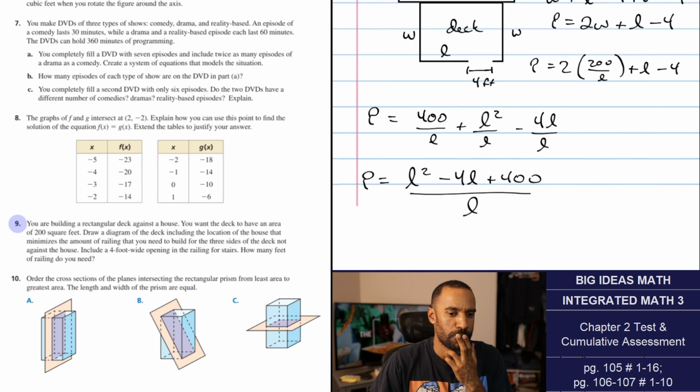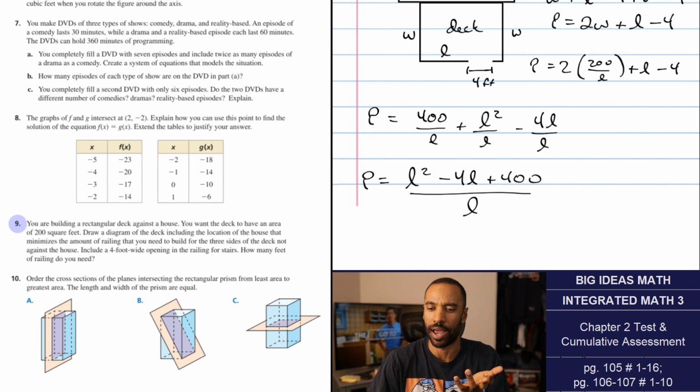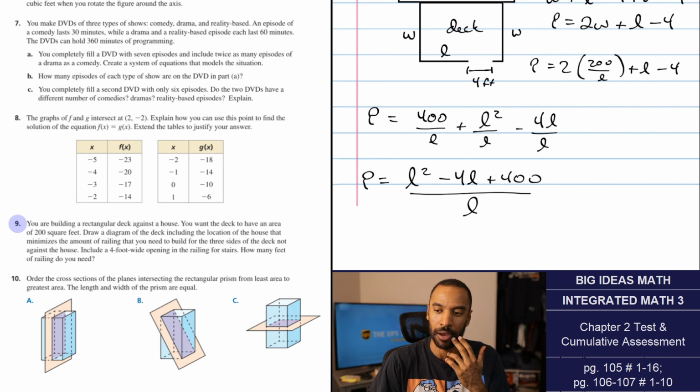Let me think about what to do here, because that's not actually quadratic. If I wanted to minimize it, I would think about... let me see what this looks like on a graph before I do anything else. x squared minus 4x plus 400 over x.